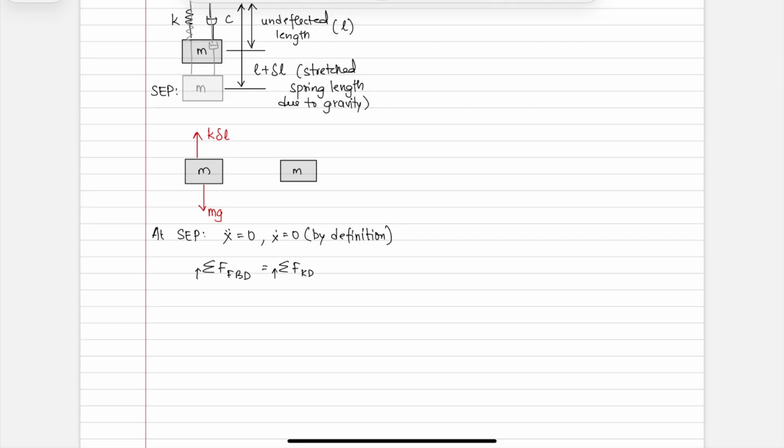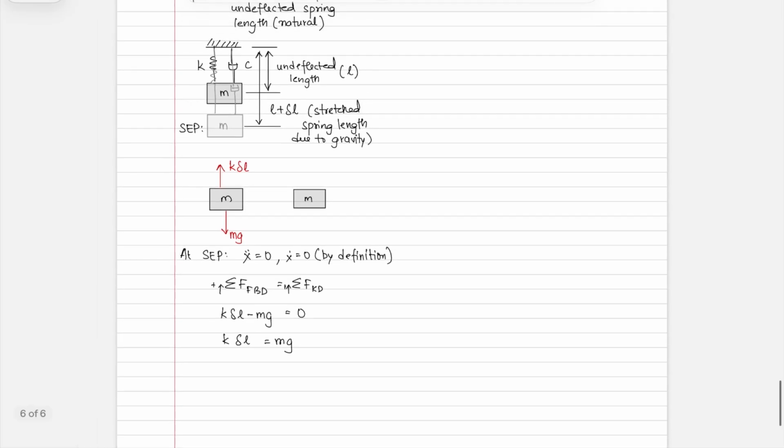Again, it has to be in the upward direction. Whatever's on the left has to be maintained on the right. You now have that upward is k delta L minus mg is equal to, on the right hand side, 0, which now gives you a relation that says k delta L is equal to mg. So all of this was related to this delta L that took it to the SEP.